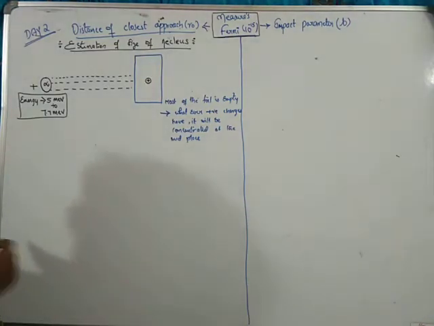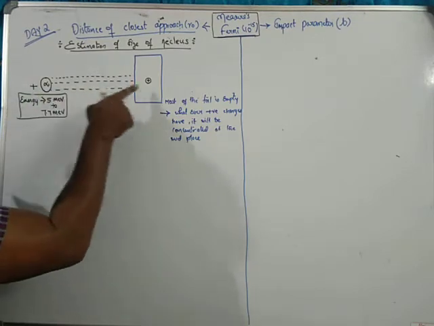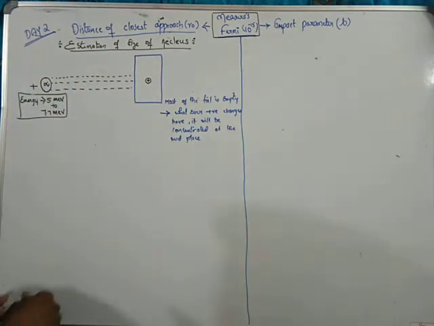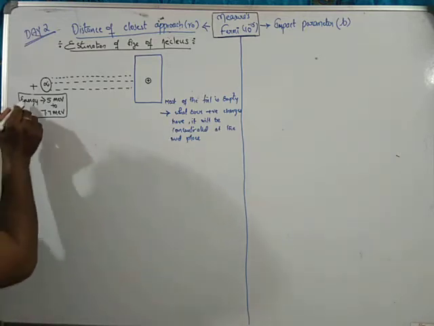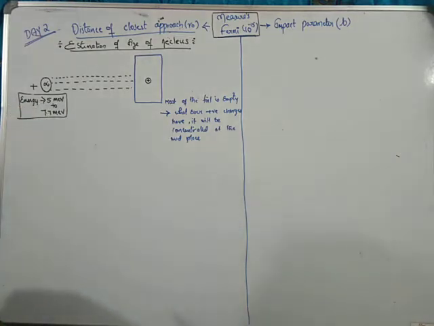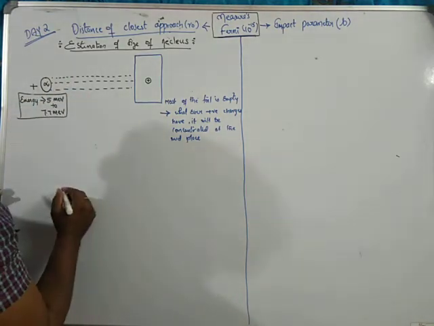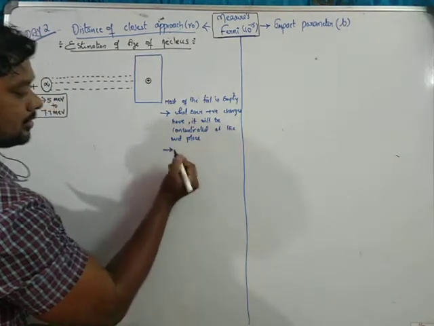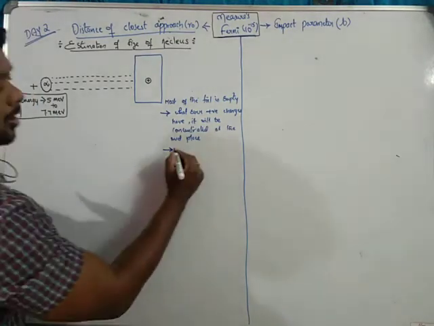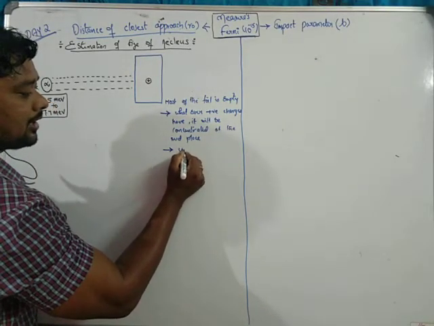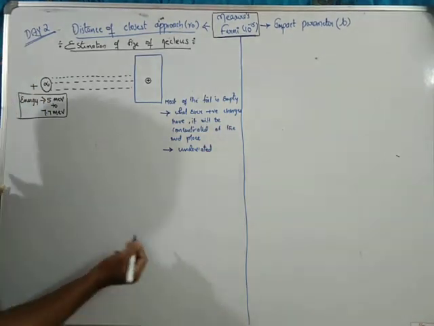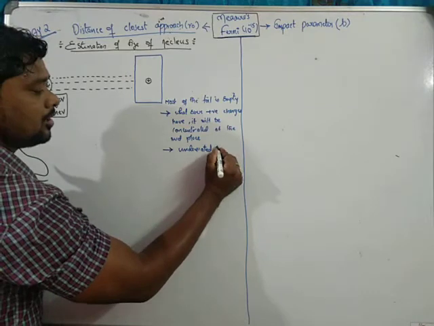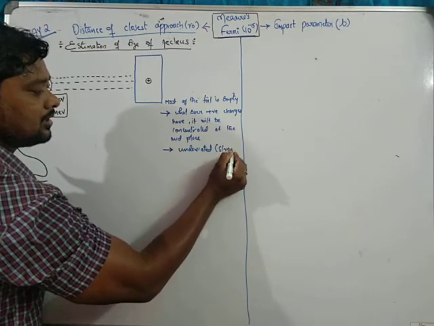Now here we have a positive, and here we have a positive. Whenever we are sending millions of signals with energy of 5 mega electron volts to 7.7 mega electron volts, we already stated three conditions. The first condition is most of the alpha particles are undeviated, which move in a straight line.